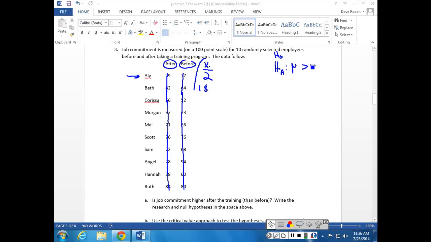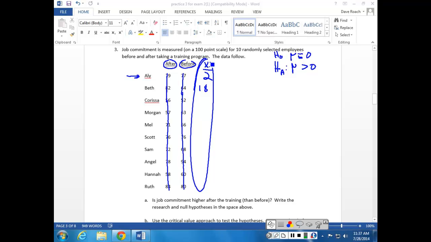This one makes more sense to me anyway, and the null is that it's equal to 0. It's just one mean. You will find books that say mu A minus mu B on this. In my opinion, that's really the wrong way to state it. It's one mean, the mean of these differences.